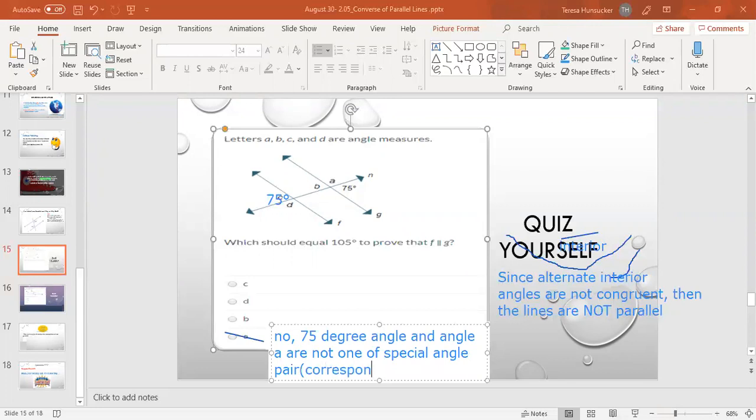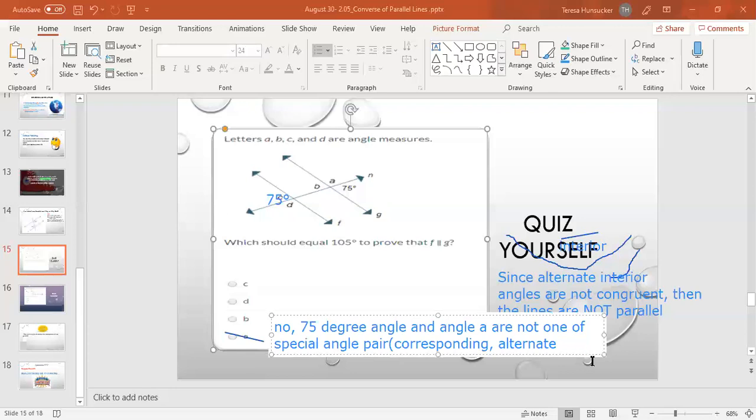Now, do you know what they are actually? A lot of people didn't know this in live class today. I'm just wondering if you're able to answer it better than your peers. Okay, so A and 75 degrees are actually linear pairs.